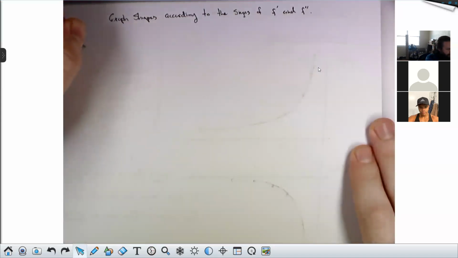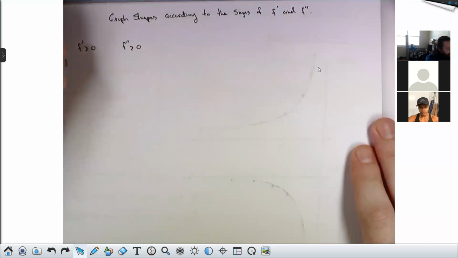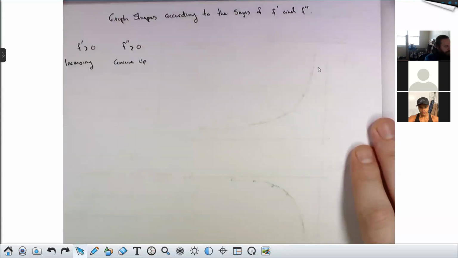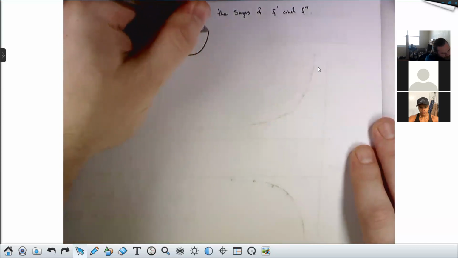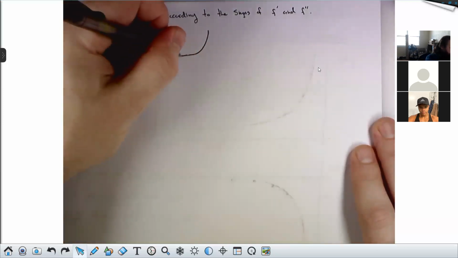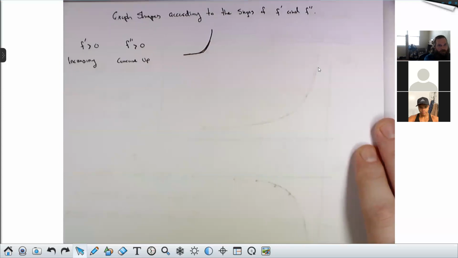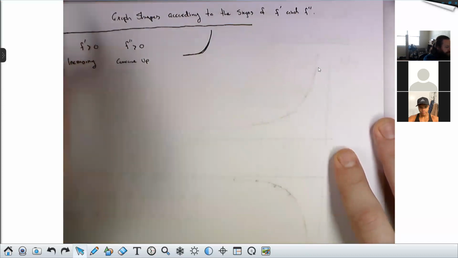If f prime is positive and f double prime is positive, this means we are increasing and concave up. What this looks like is we're increasing and our rate of change is also increasing. So we're always going uphill, but we're going uphill faster and faster and faster. This is kind of like having your velocity and acceleration both being positive, right? Velocity and acceleration both being positive.